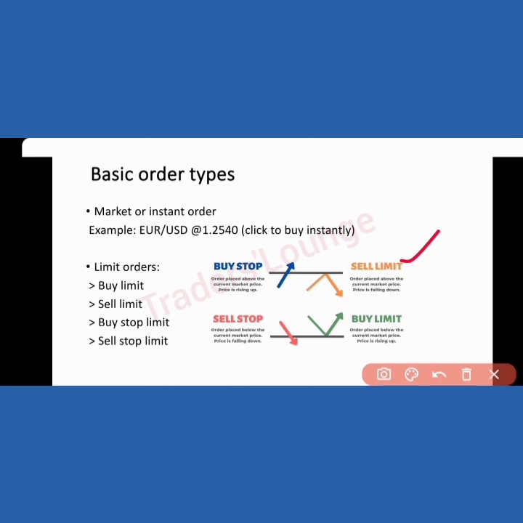When it gets to a certain resistance level up there, it's going to turn back and come back to downtrend. As you can see, this black line simply means there is resistance there. When the market gets there, it turns back downward. That is what is meant by sell limit.